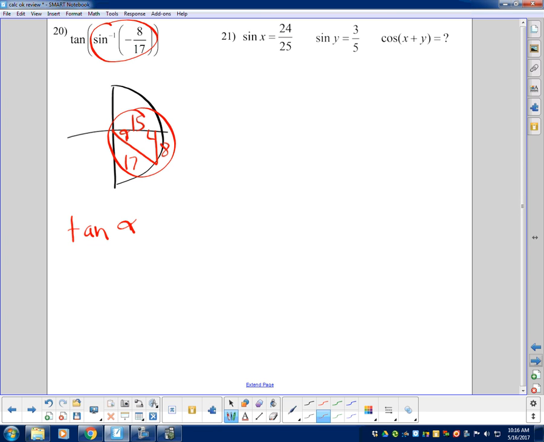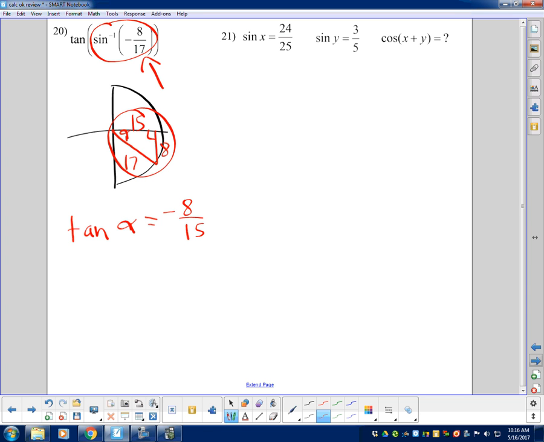Now we know tangent is defined to be opposite over adjacent, and in this fourth quadrant we also know that tangent has to be negative, so it's negative 8 over 15. So we're just using this negative 8 over 17 to figure out what quadrant we're in, as well as the missing side length of the right triangle, so that then we can use the definition of tangent, opposite over adjacent, to find the ratio of that particular angle to that right triangle.